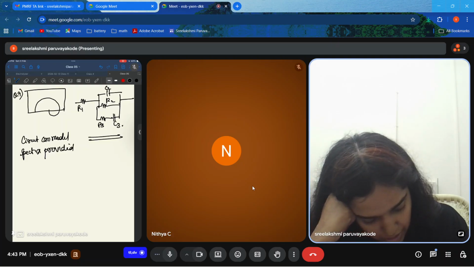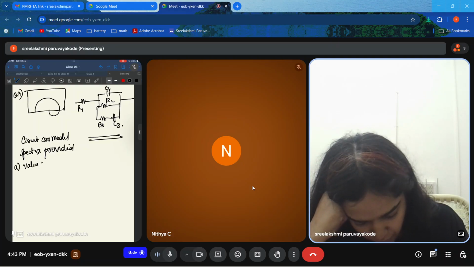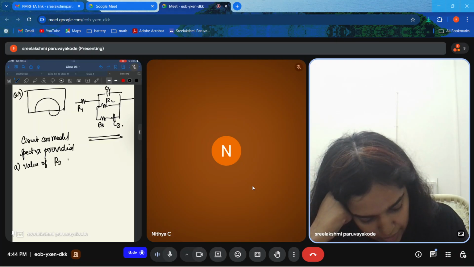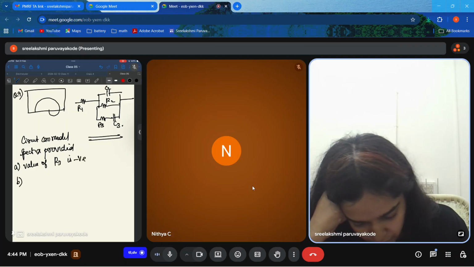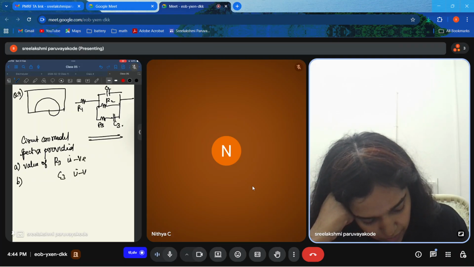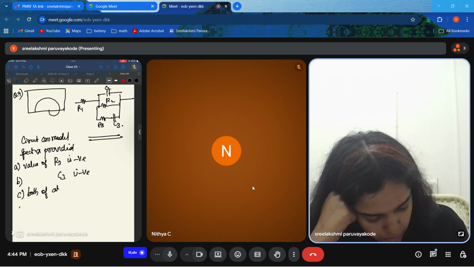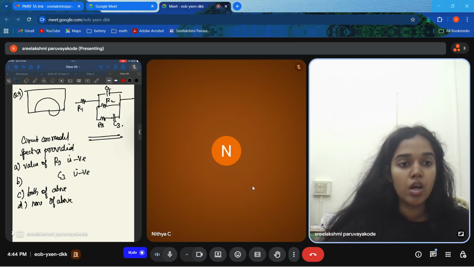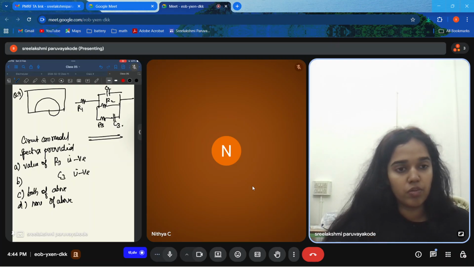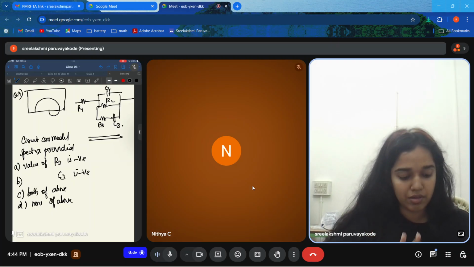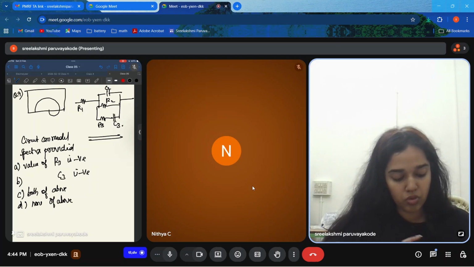Option A, value of R3 is negative. Option B, C3 is negative. Option C, both of the above. Option D, none of the above. So we already told, when we are trying to model an inductor using resistor and capacitor, both the resistor and capacitor should be negative. So the option is C. I have repeated it multiple times.